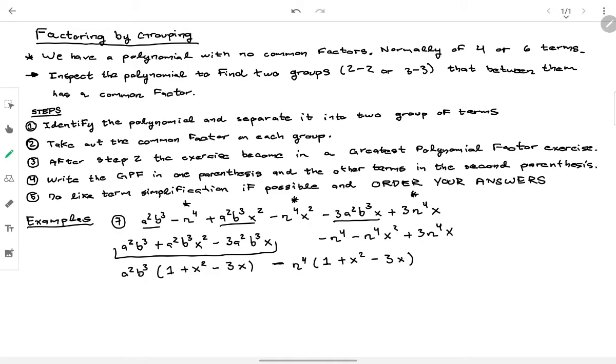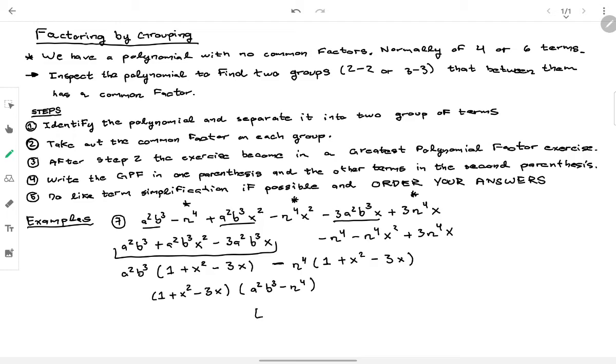So now the exercise has become a greatest polynomial factor exercise. So we will write the parentheses that are common on the first term, and on the second factor we will put the ones that are outside the parentheses that are now the common polynomial factor.